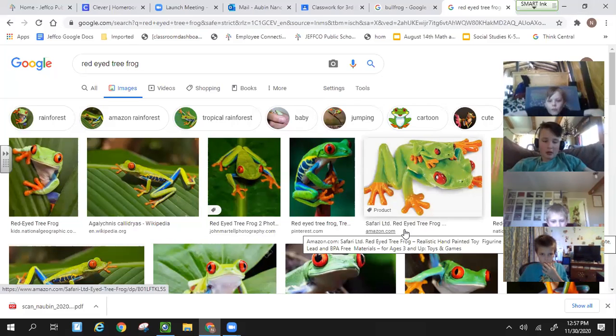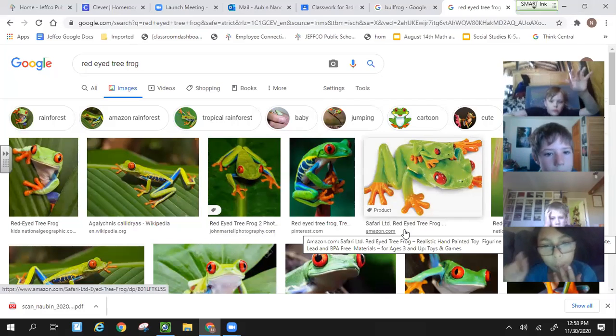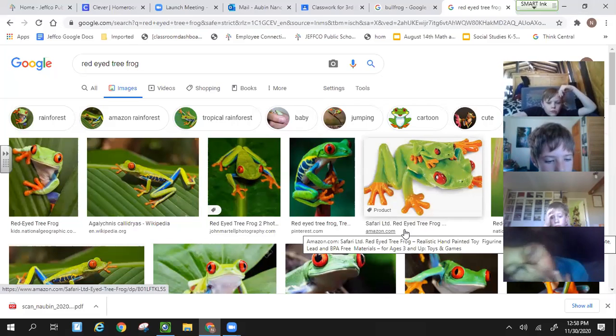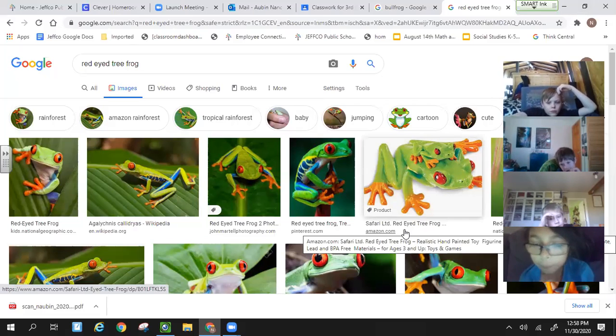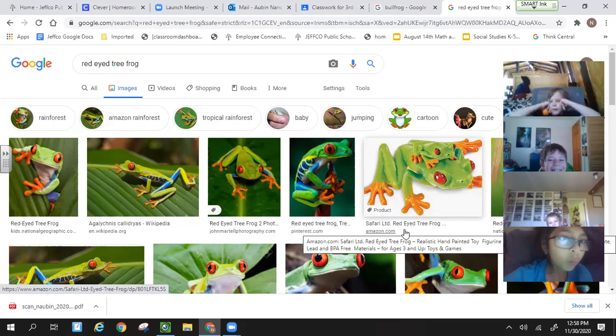Yeah, and why do you think the poet chose the word tomato to describe the eyes of the red-eyed tree frog? Because a frog's eyes are red and a tomato is red. Okay, so the color of the eyes is the same color as the tomato, right? So he's using a tomato to help you visualize the eyes of this red-eyed tree frog.